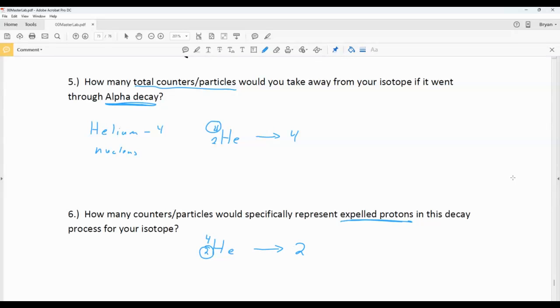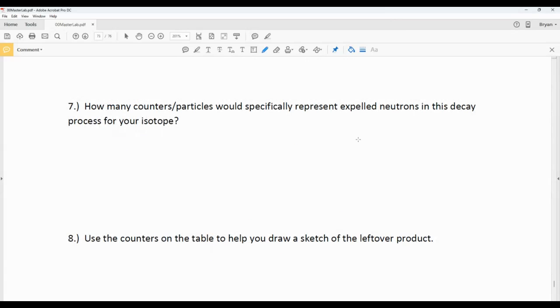So that would be 2. And so if we think about what this makes, I'm going to write it again just because we can't see it. The 4 total nucleons minus the ones that are protons gives us 2 remaining neutrons.